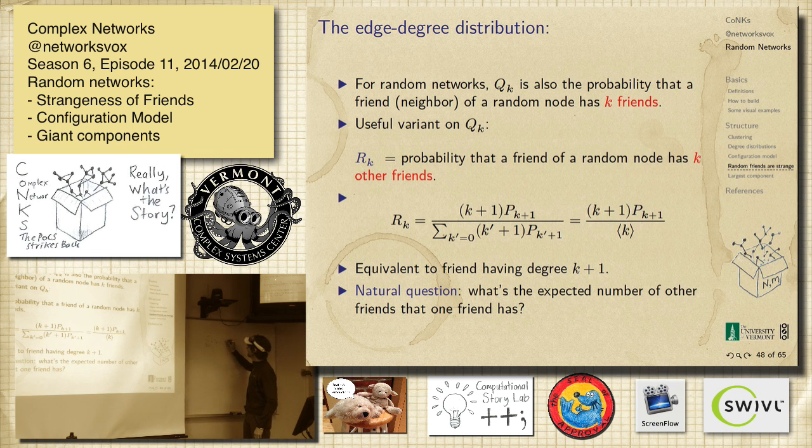So this is really the sum from k prime equals 1 to infinity of k prime p of k prime. We can do that, and this is the average degree. So if we shifted this, let's say k prime equals j prime plus 1.